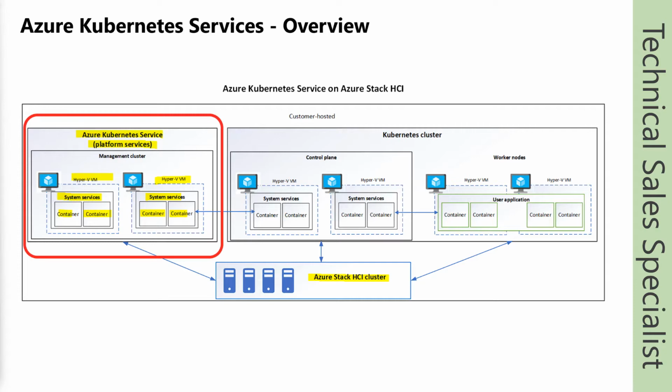Kubernetes services that we talk about containerized workloads. In the Kubernetes cluster itself, we have the control plane and the worker nodes. The control plane consists of Hyper-V VMs with system services that talk to the system services of the Azure Kubernetes Services Platform Services.